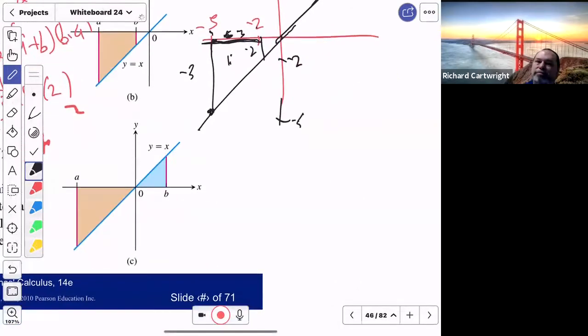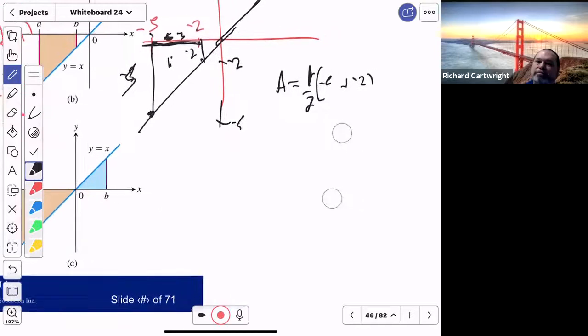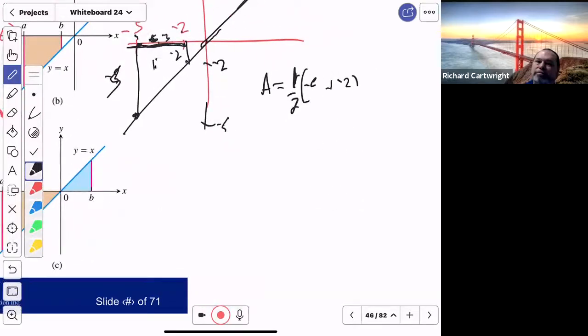So you might get confused by doing area is 1/2, base 1, -5, plus base 2, which was -2, times the height, which I think I put as -3.